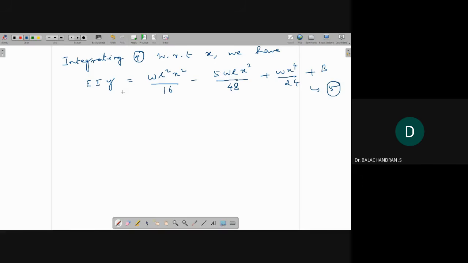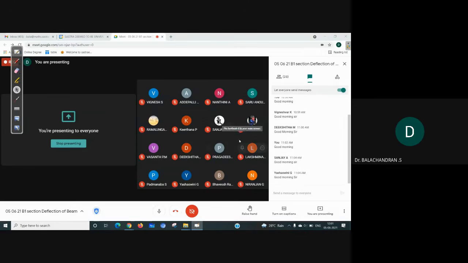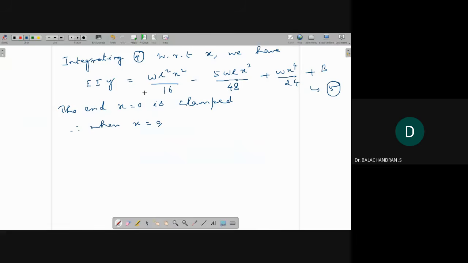So for this also I am going to use the condition, the end x is equal to 0 is clamped. That means fixed. Therefore, when x is equal to 0, Lakshmi Narayanan, when x is equal to 0, what is y?